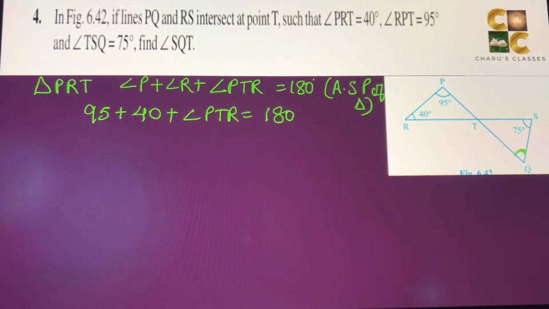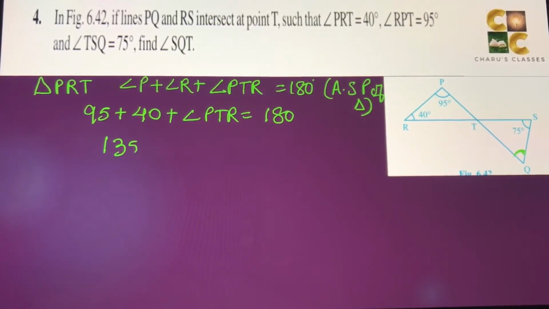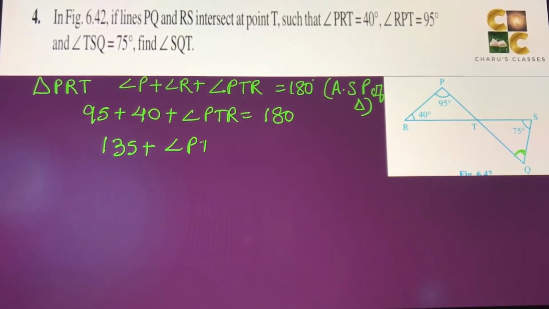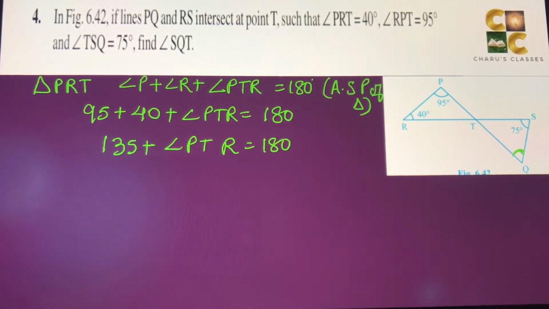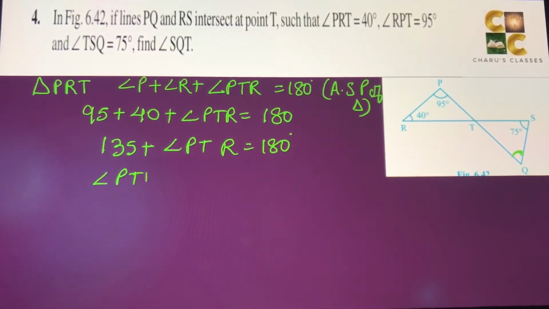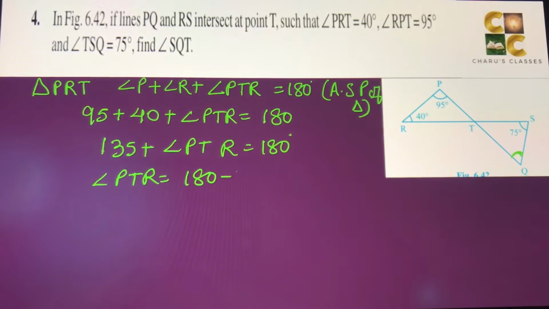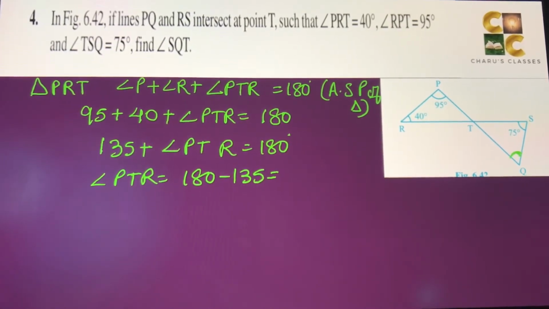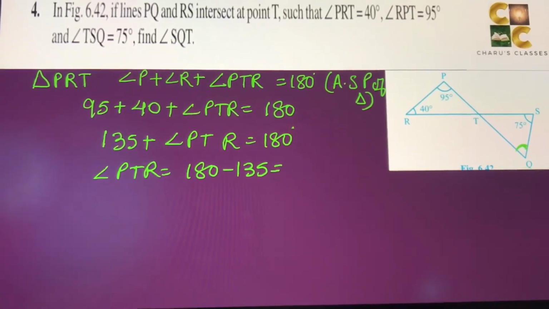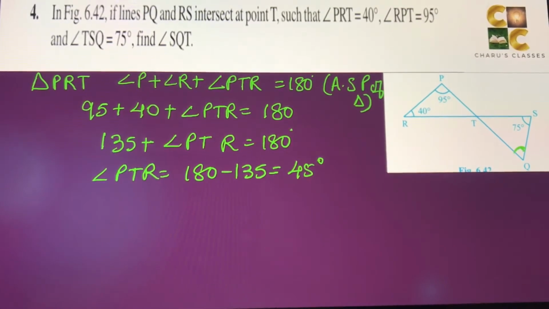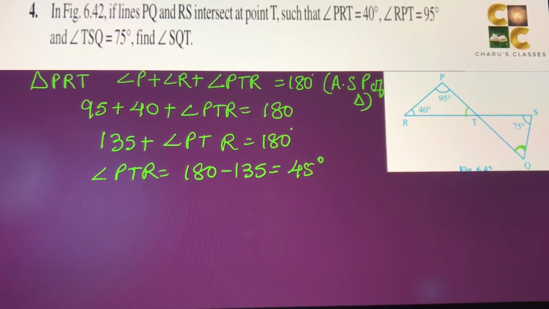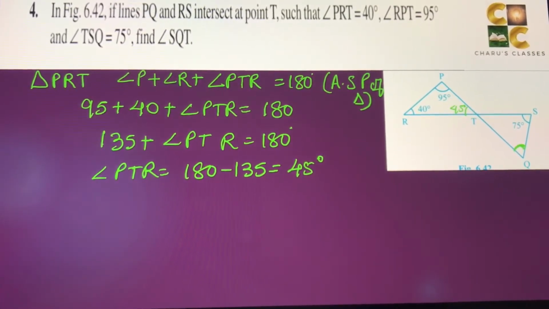Or we can write 135 plus angle PTR is 180 degrees. Angle PTR is equal to 180 minus 135, which will come out as 45 degrees. So we know that this angle is now 45 degrees.